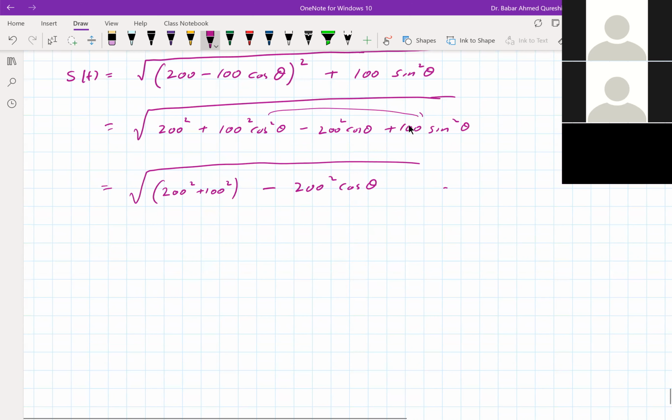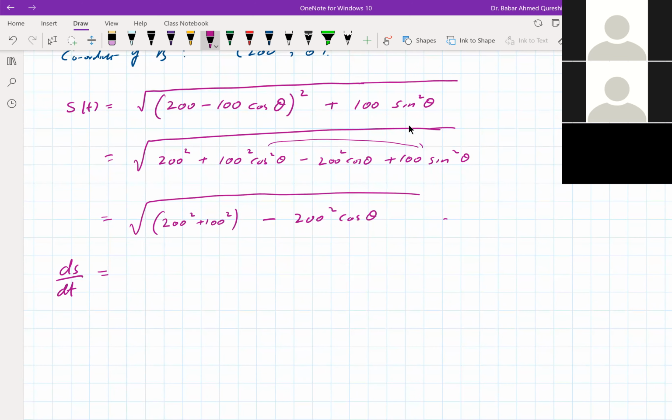So you can now do ds by dt. Let's call these numbers a and b. Square root of a minus b cosine theta. It's d by dt of the square root of a minus b cosine theta.